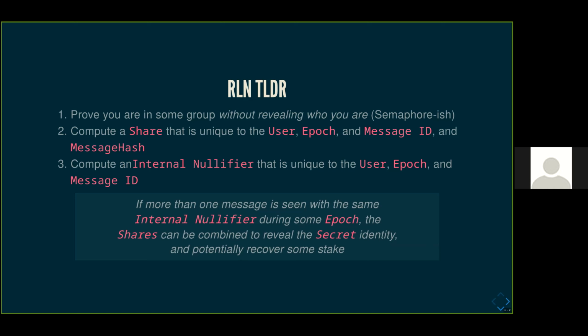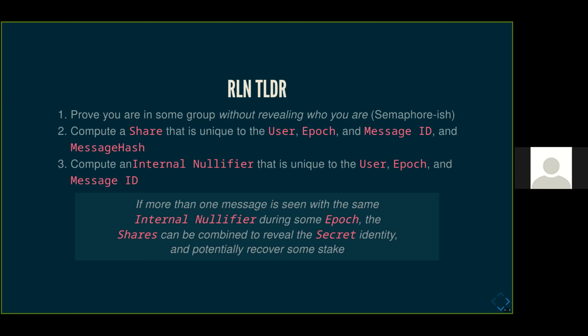So the share that's generated is unique to the user, the epoch, which is just a generic time period, or signal. It could be a voting, it could be an election, it could be a time period, it could be on a specific post, or any generic time or uniqueness signal, and then also the message ID.